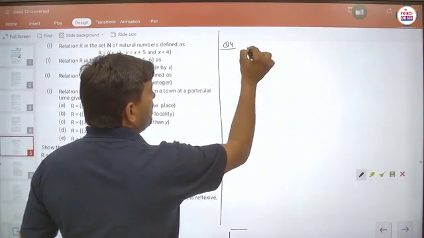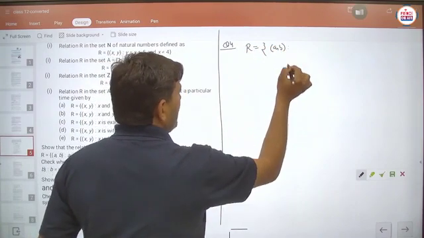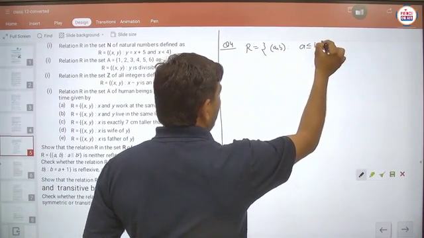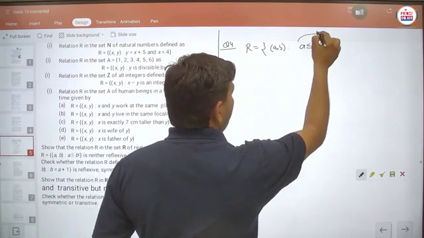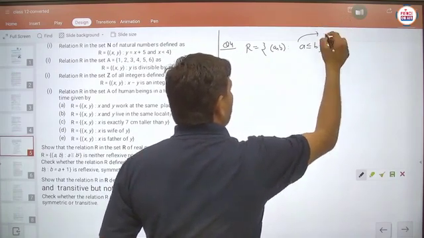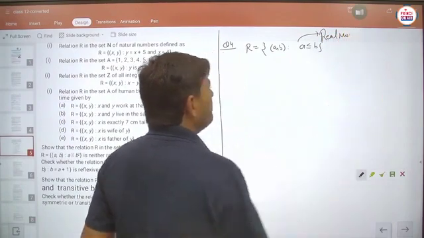Any relation R is given as (A, B) such that A is less than or equal to B. Is it clear? This relation will be defined on the real numbers, so there should be no problem.